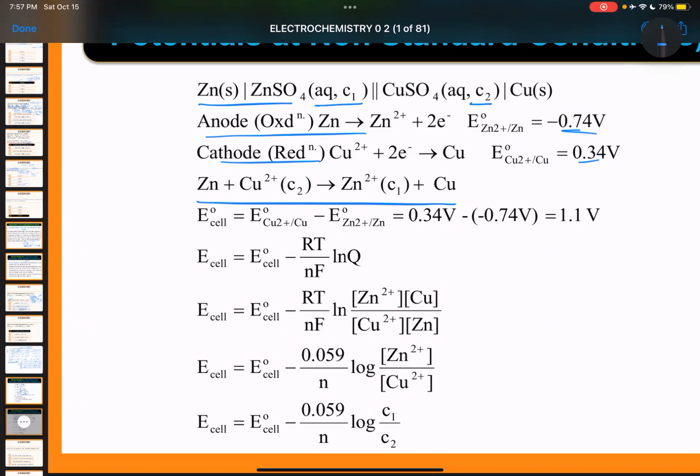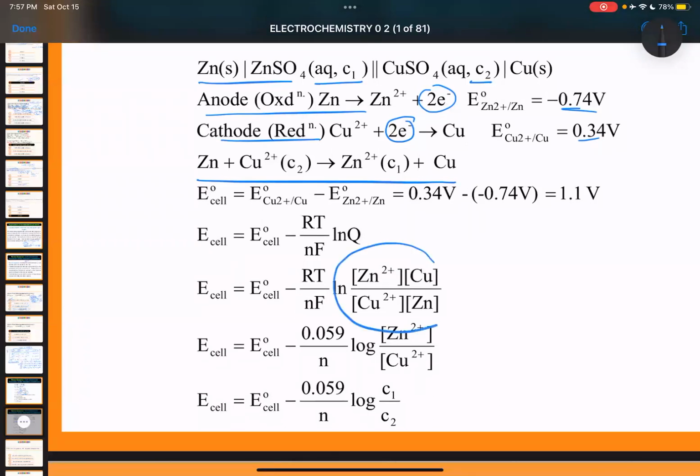That is very important, because you need to multiply to get the proper electron balance on both sides. Otherwise, if you don't balance the electrons, the equation is going to go wrong, and then this whole value is going to go wrong.